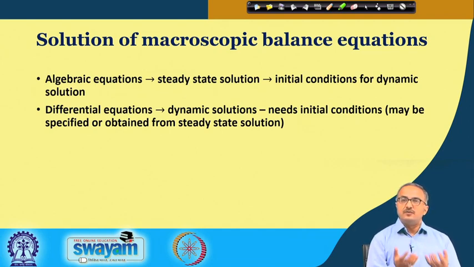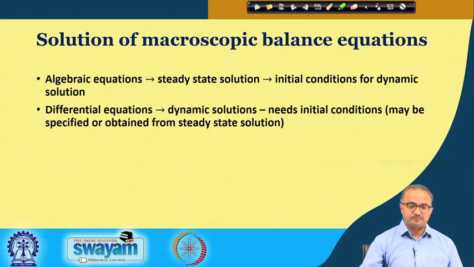In that case, we will solve for the initial state, that is, what is the level of water when the flow rates are constant. We can solve a steady state equation, and that solution will be the initial condition when we are going to solve for the change in the level of water due to any kind of disturbance in the inlet and outlet flow rates.